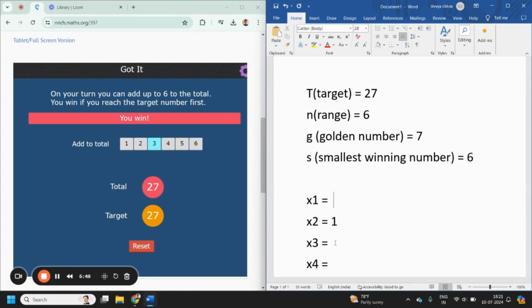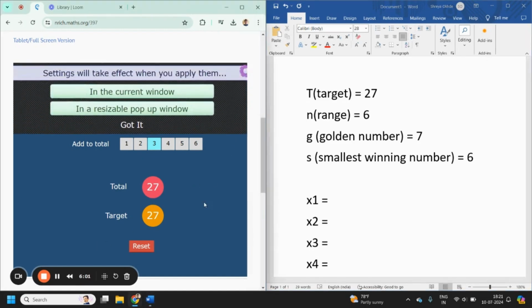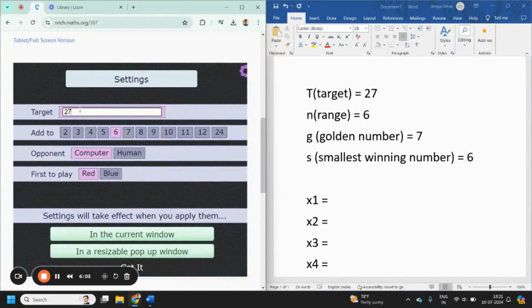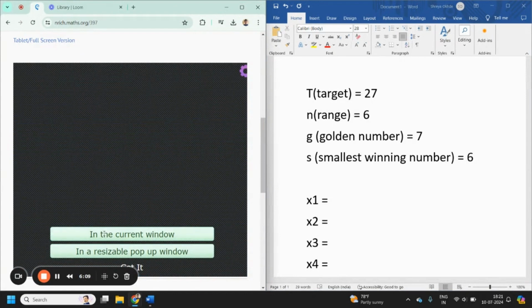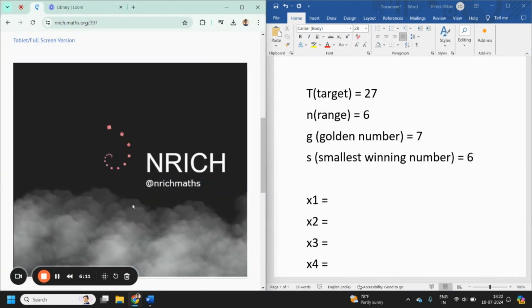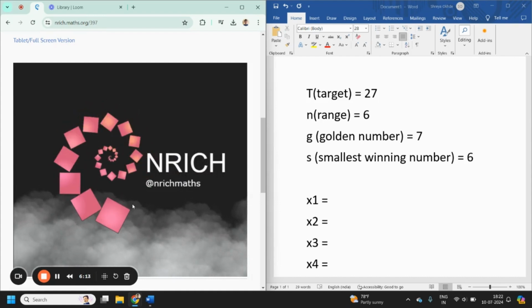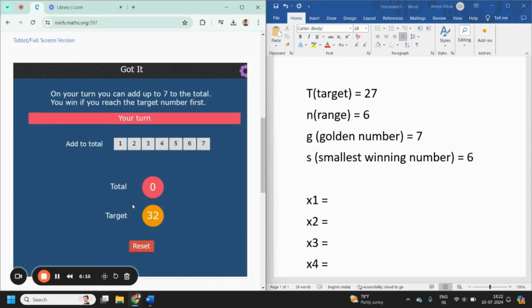Now, there is a problem. What if S is 0? I cannot start with a 0. Let us try a case where S is 0. So the target is 32.